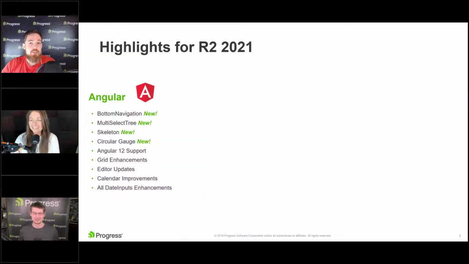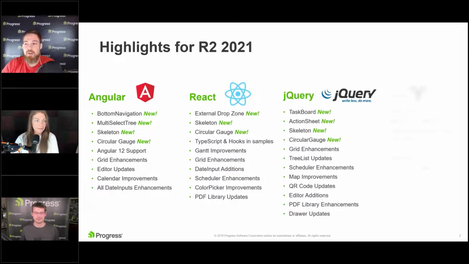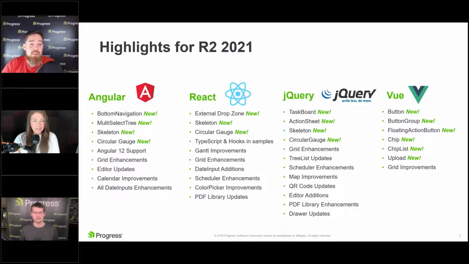Now, to just cover some highlights, and I'm not going to go through all of these, I just want to give everybody an idea of what this looks like. You can see here that we have a ton of new components and a ton of new features available in each and every one of the suites that we offer. And to bring everybody on the same page, each one of these is built from the ground up for that specific technology. So that's why you might see some similar components here and there and some different components here and there, right?